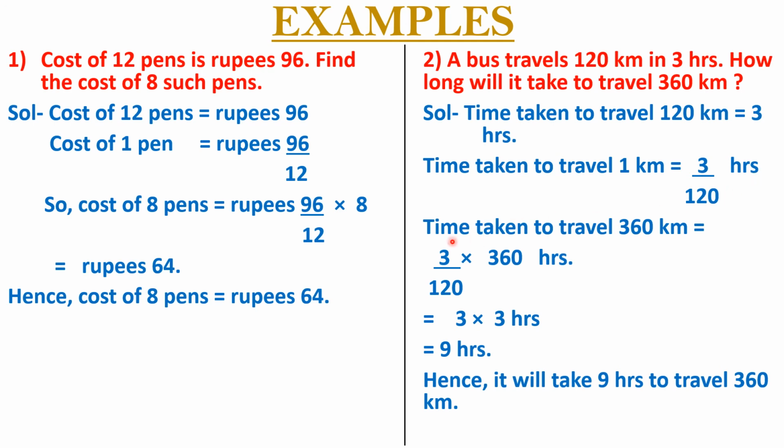Now, time taken to travel 360 km equals 3 by 120 multiplied by 360, which gives 9 hours. Hence, it will take 9 hours to travel 360 km. In this way, we can solve word problems using the unitary method.